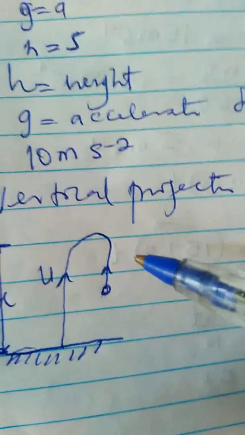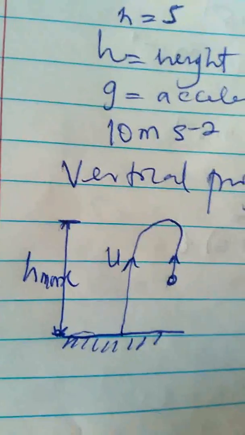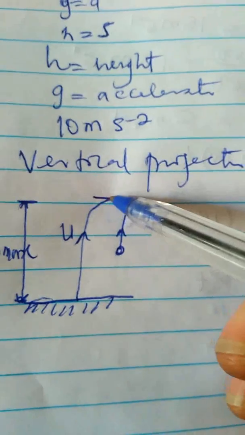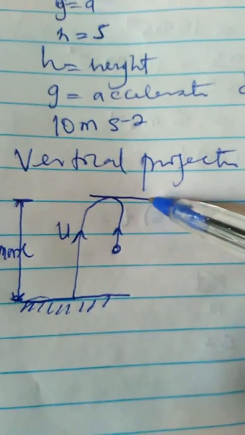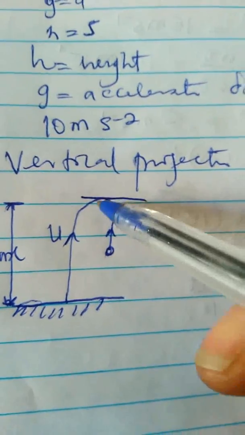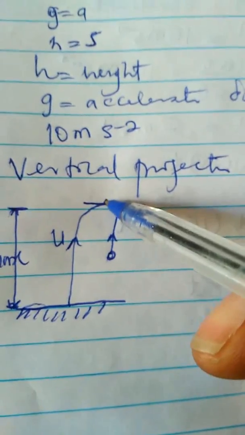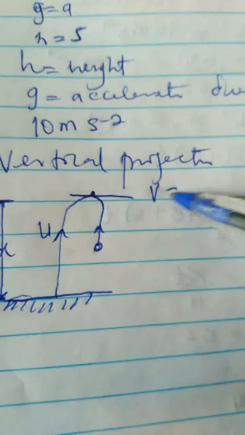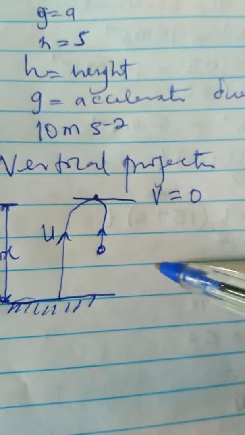So when you look at it closely, you will see that that's how it is when you throw a ball upward vertically. From here we'll just say final velocity now. The final velocity at this point is V, and it is equals to 0 at that point.